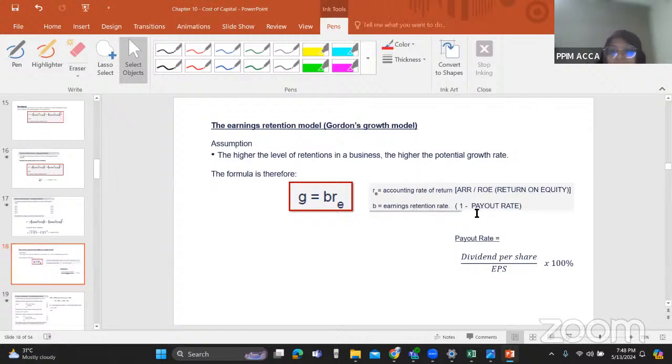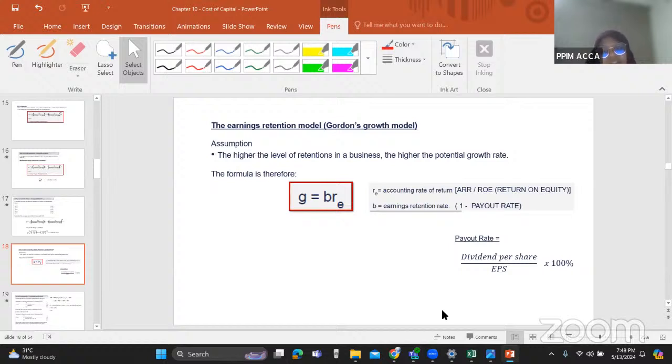Suppose they give you the payout rate, then you have to take 1 minus the payout rate to get to the retention rate. Suppose the payout rate is also not given, it can be calculated using dividend per share over EPS times 100%. So what is this retention? Like I said, if you make a profit, how much of the profit you're reinvesting into the business and how much of it are you paying to your shareholders?